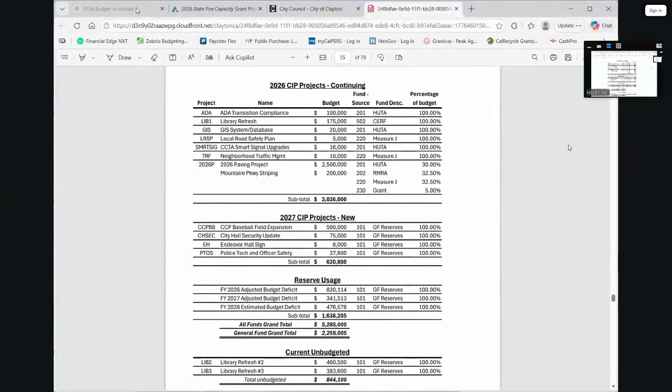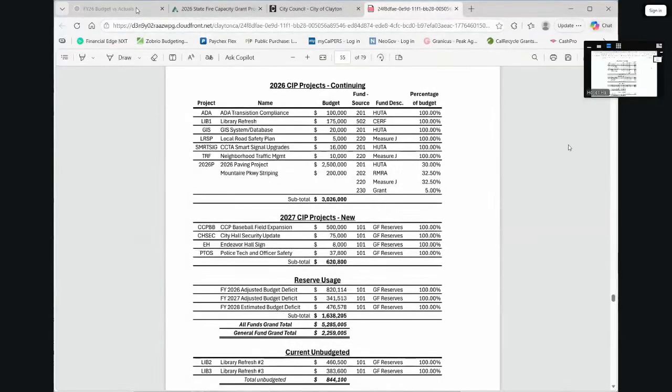In June of 28, we're putting aside $476,000, but we wouldn't need to touch that until June 30th of 28. So just two questions. If we agree to this entire list, which I don't know if we're going to do tonight, none of it is affecting our reserve policy at 40%?